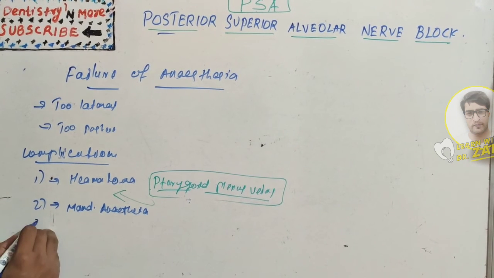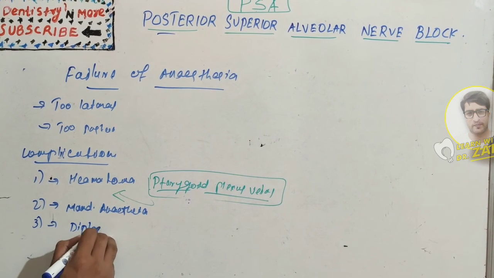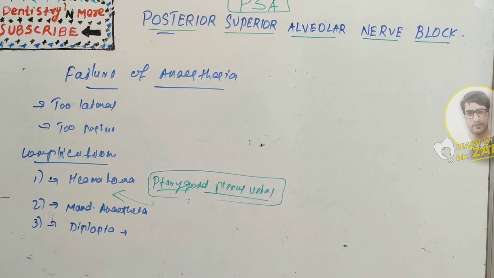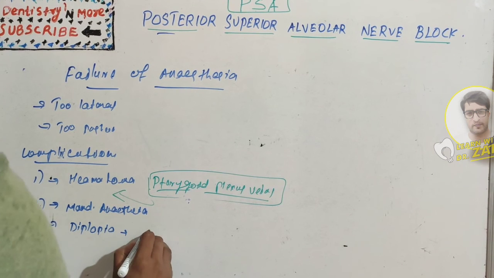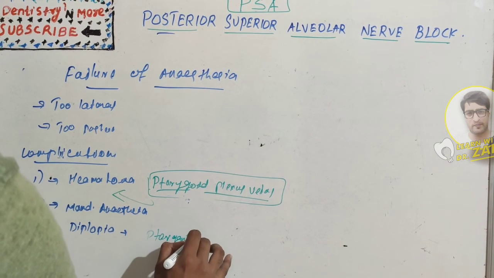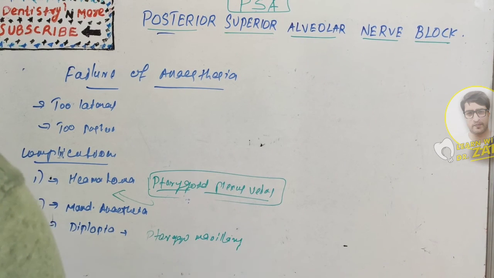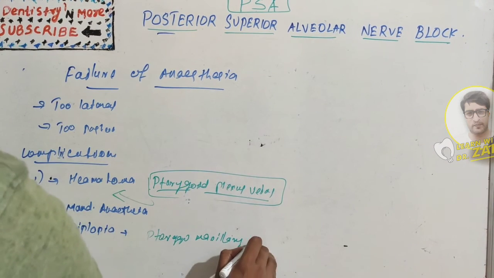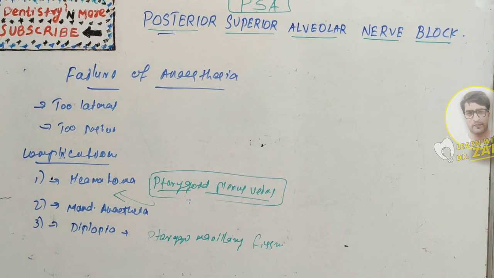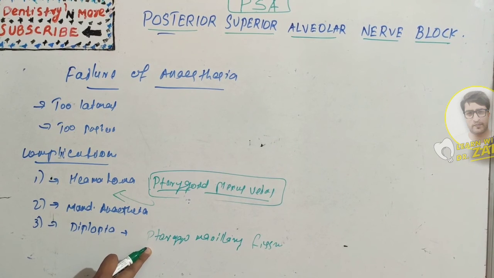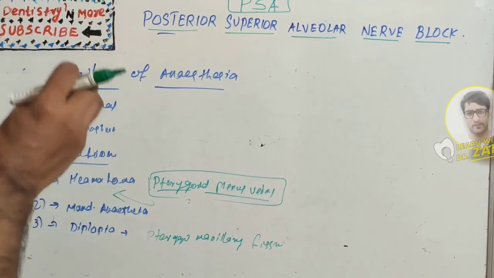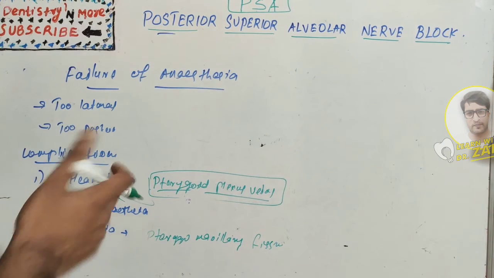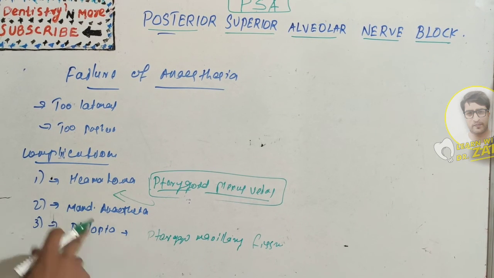The next thing is diplopia, that is double vision. How does diplopia happen? When we are giving PSA and the solution is deposited near the pterygomaxillary fissure, which is present near the PSA, just like our pterygoid plexus of veins, it causes diplopia of the ipsilateral eye, left or right, wherever the injection is done.